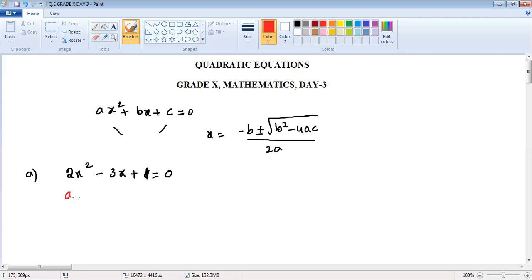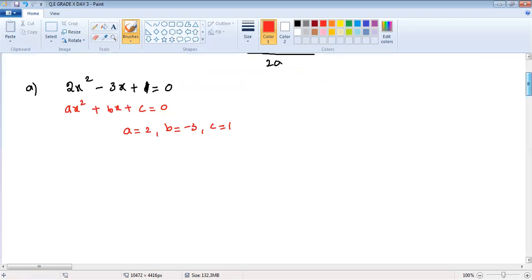First of all, I have to compare with ax square plus bx plus c is equal to 0. When I compare, a value is 2, b value is minus 3, and c value is 1. Then I have to apply the quadratic formula method.